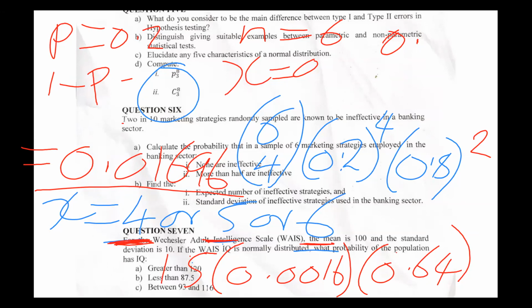Okay. So the question is asking what is the probability that more than half are ineffective, right? Which means more than 3. Our half is 3. So more than 3 are ineffective. That is to say, they can either be 4 or 5 or 6. These are X values.